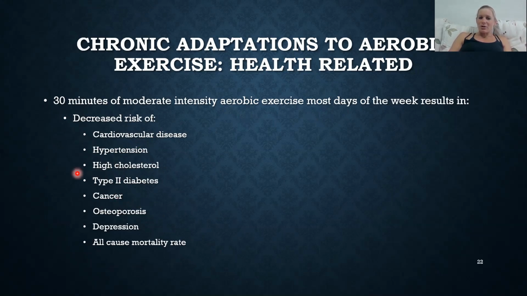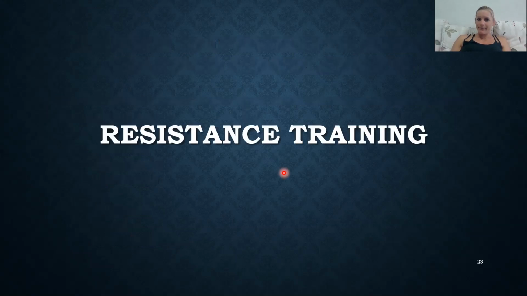So if I do exercise, I can reduce my risk of dying. Wow, that sounds pretty nice. A lot of great benefits associated with doing just moderate, even low intensity aerobic exercise. So many health related benefits as well.